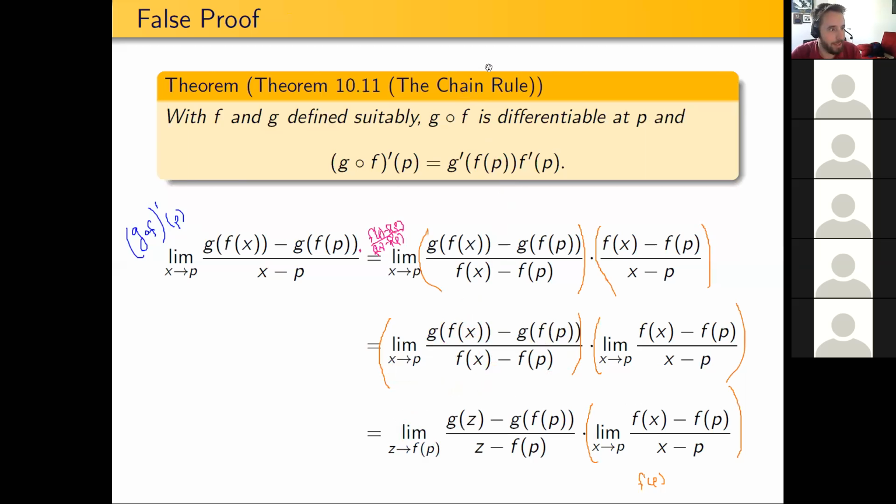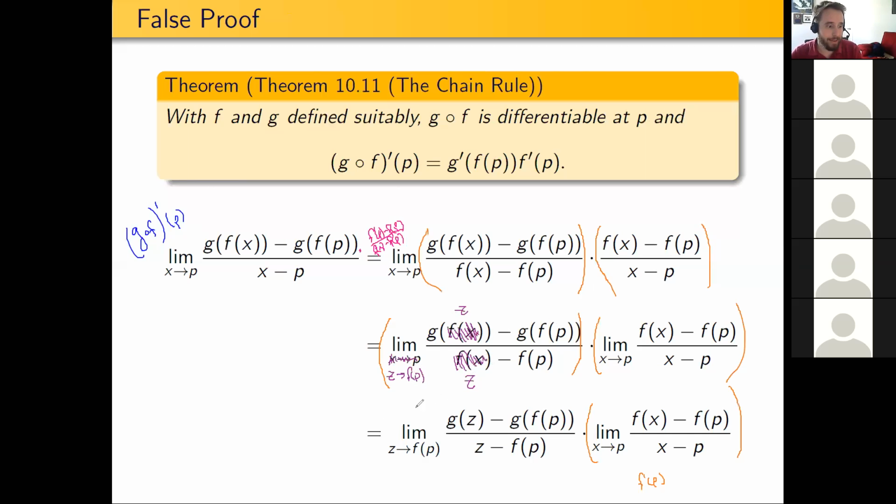I sort of blur my eyes a little bit and I say, let me call the entire expression f of x, let me call that z. So I get g of z minus g of f of p over z minus f of p. And maybe I no longer think about x going to p, but I think about this quantity z going to f of p.